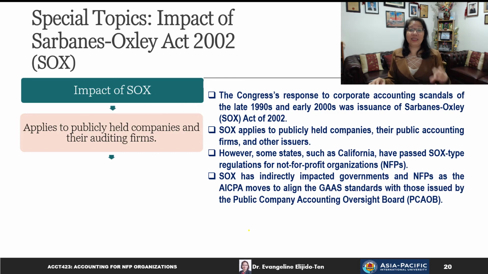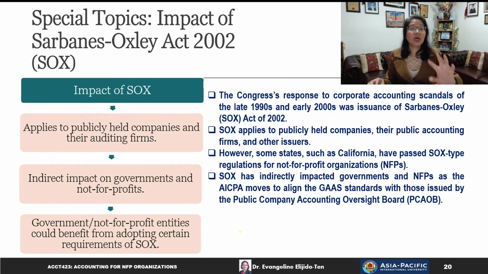SOX, therefore, has indirectly impacted governments and NFPs, as the AICPA, the American Institute of Certified Public Accountants, has moved to align the GAS standards with those issued by the Public Company Accounting Oversight Board, PCAOB.